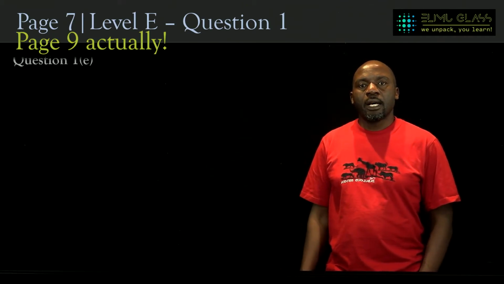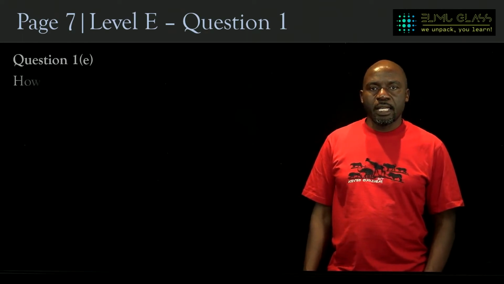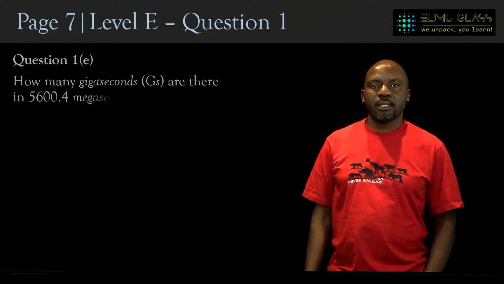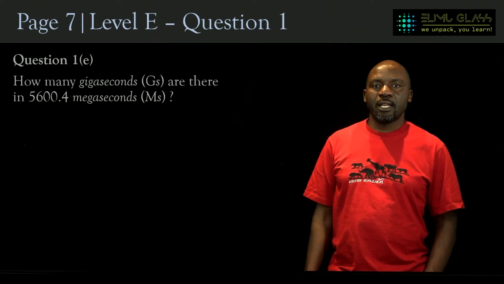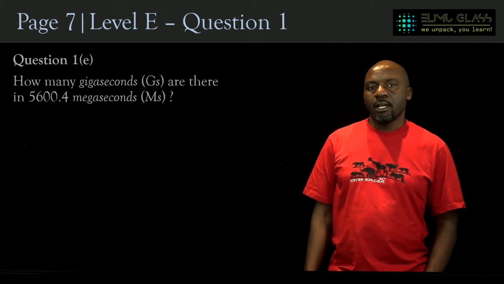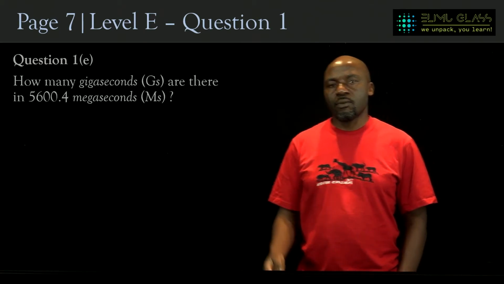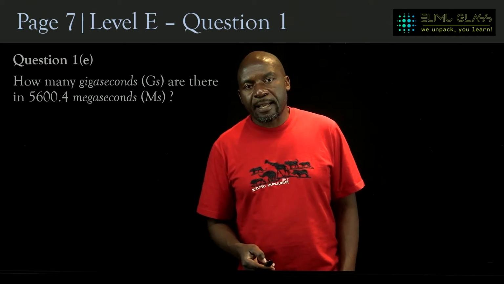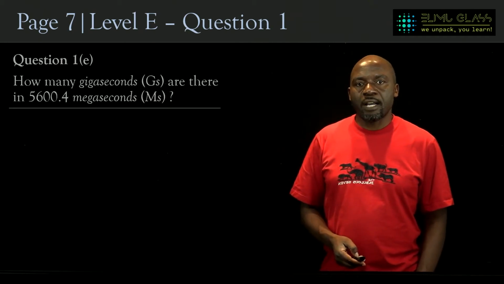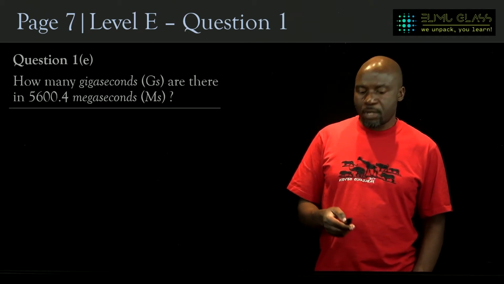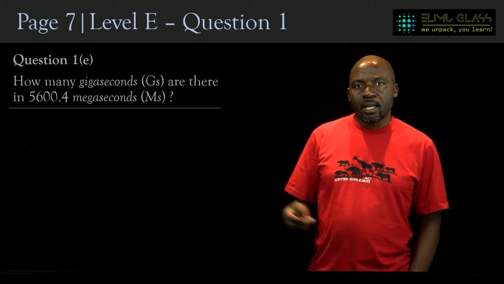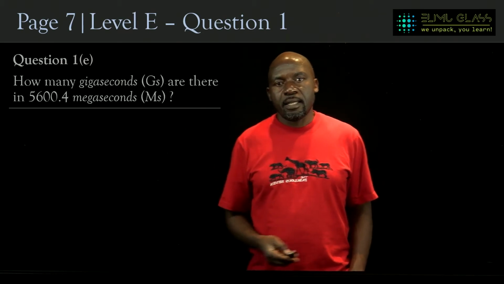All right. Question 1E. It's asking how many gigaseconds are there in 5,600.4 megaseconds? So once again, x gigaseconds must be 5600.4 megaseconds.